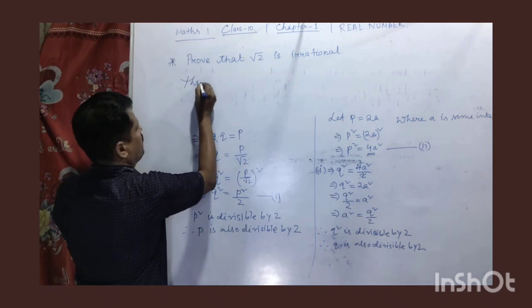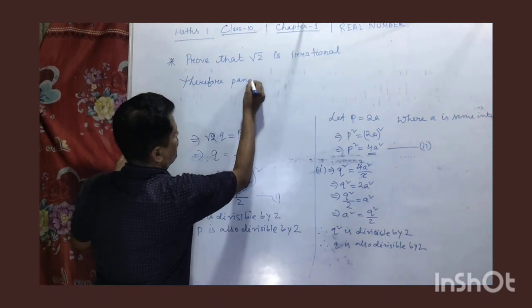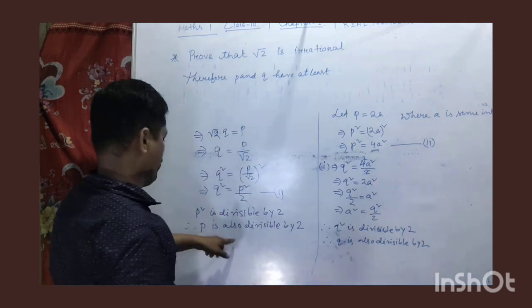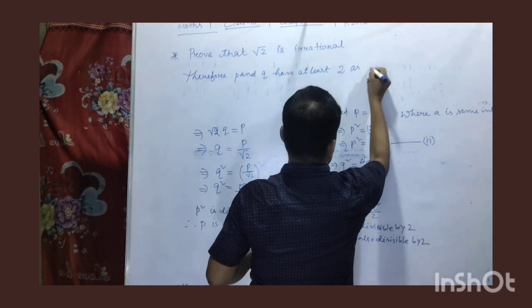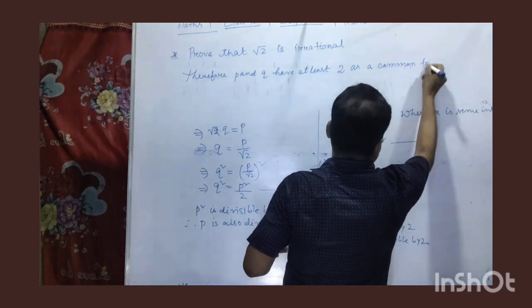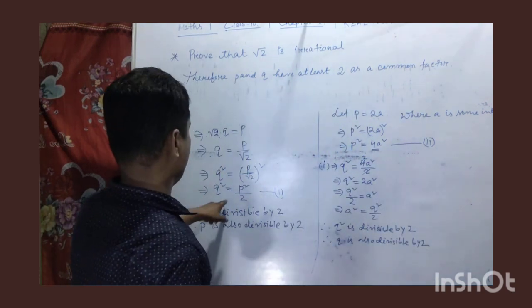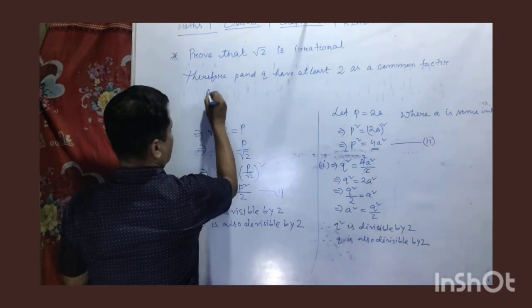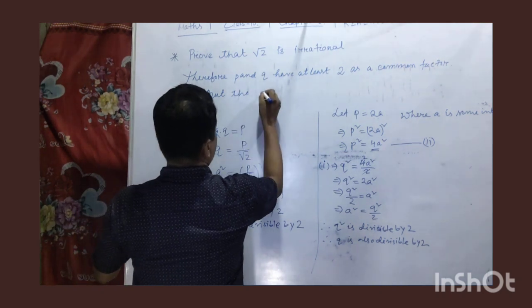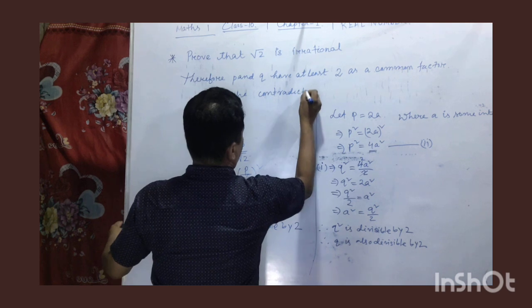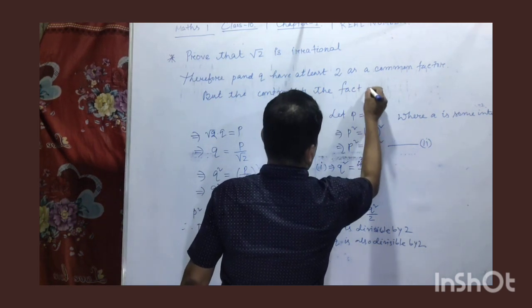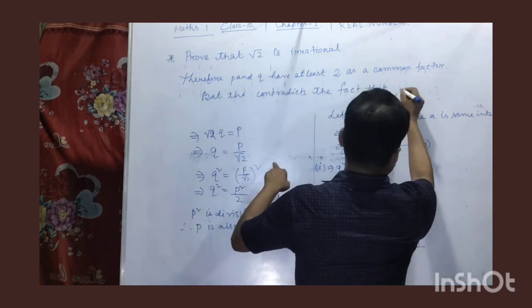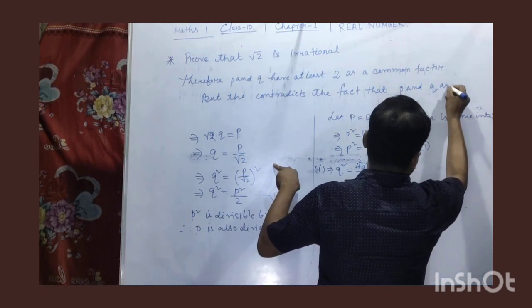Therefore, p and q have at least 2 as a common factor, but this contradicts the fact that p and q are co-prime.